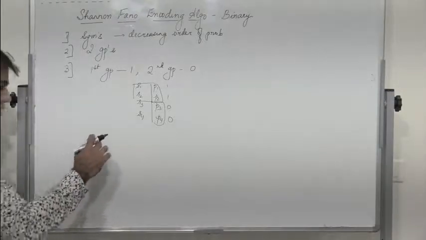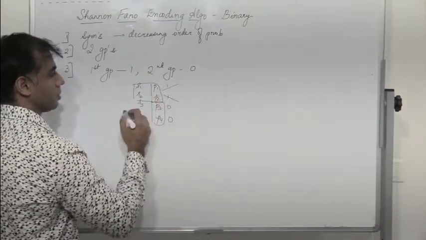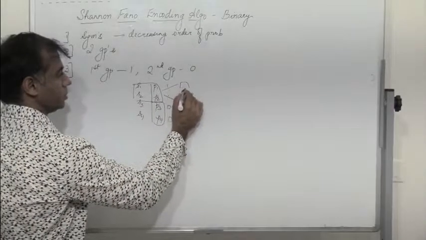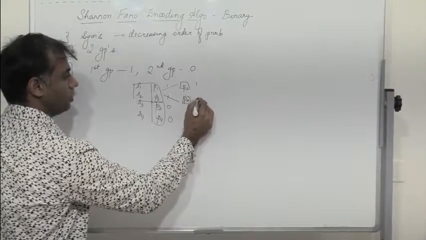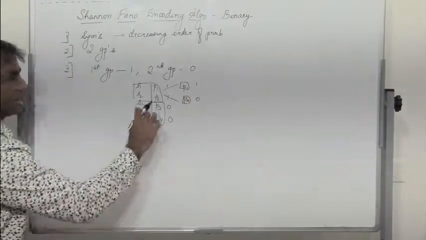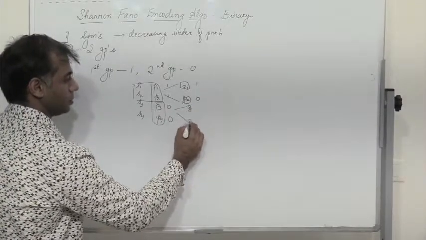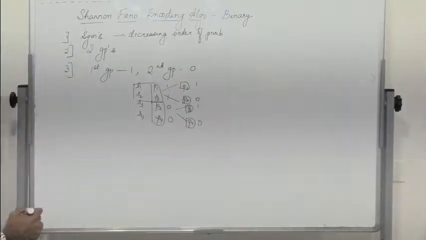And this process is repeated. Now again divide the first group into two parts of nearly equal probabilities and assign 1 to the first group and 0 to the second group. Divide the other into nearly equal probabilities and again assign 1 to the first group and 0 to the second group.